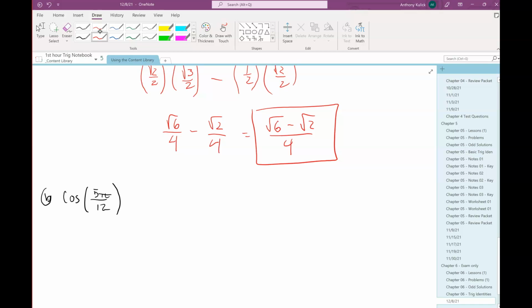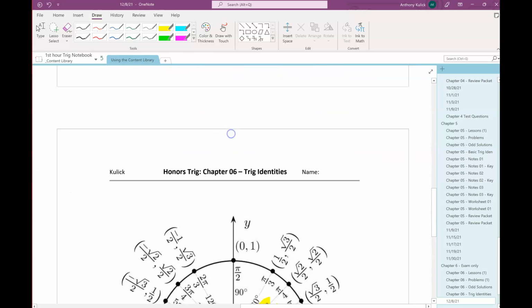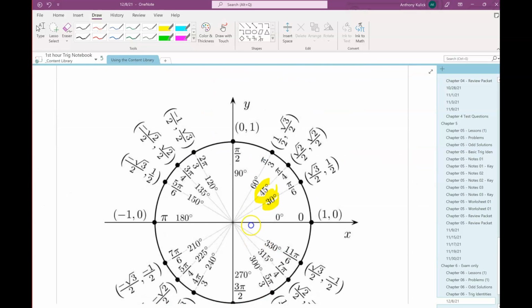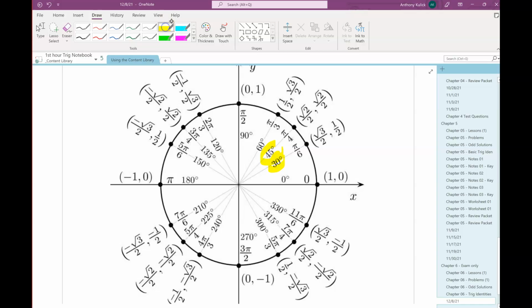Here's the trick. If I go look at my unit circle, all of my unit circle angles have denominators of 6, 4, 3, or 2. Everybody agree with that? So what I'm going to do is try to break up that fraction of 5 over 12 into the sum or difference of two fractions that will reduce.